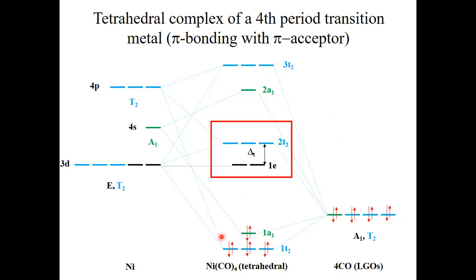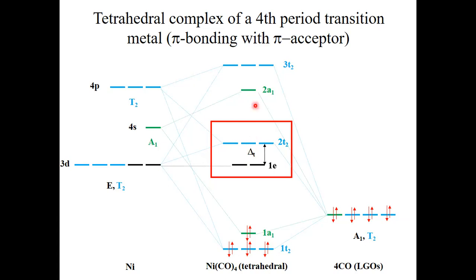So we said that we have here these 4 bonding molecular orbitals in which we have all the electrons coming from the ligand, and then we have this 1e and that T2 molecular orbital, and these would represent the metal d orbitals in a tetrahedral ligand field, and the energy difference between these would be our delta T.